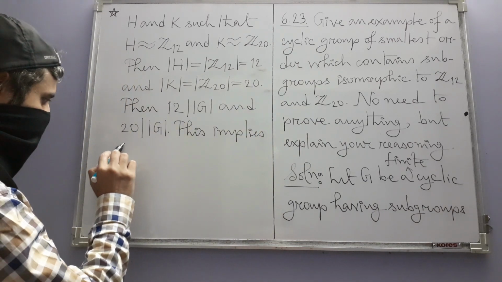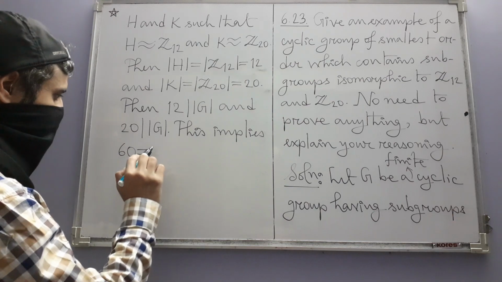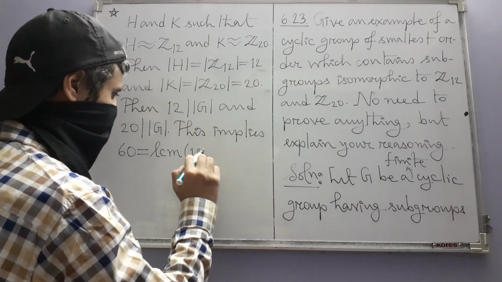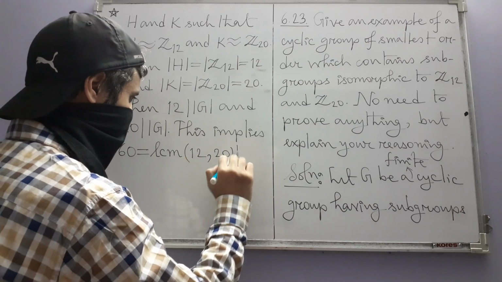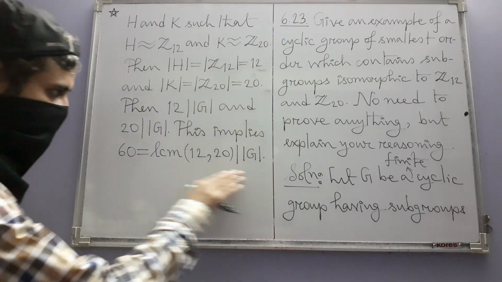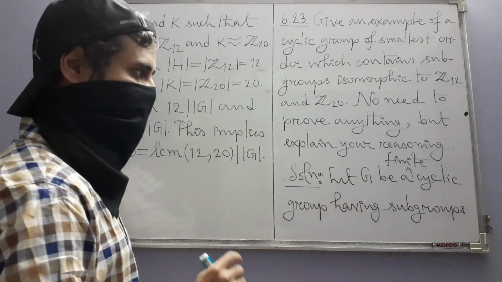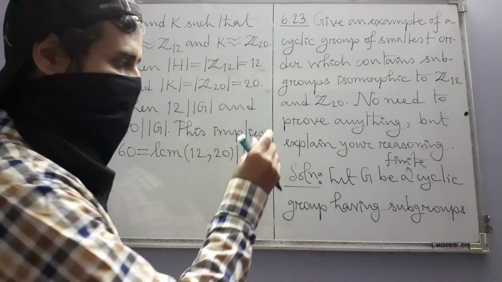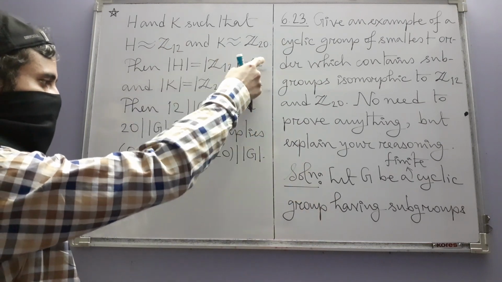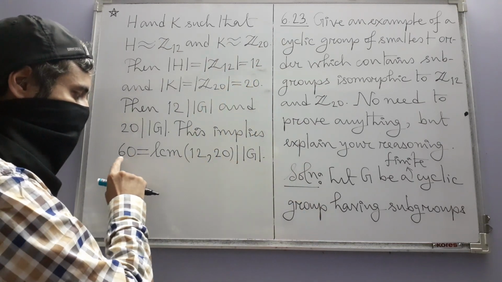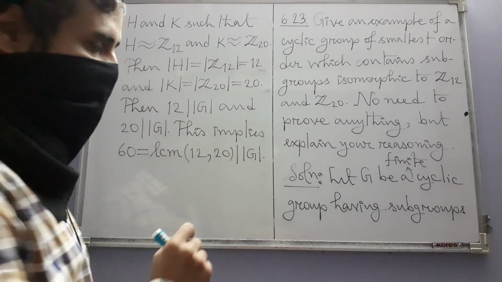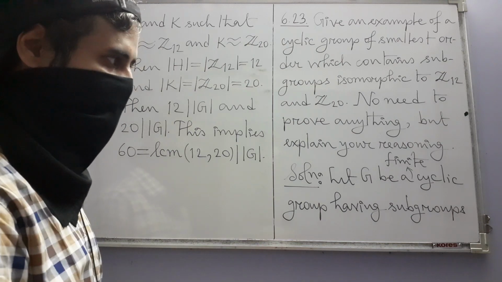And their LCM, it turns out, is 60, which you can calculate, of course. So this is a necessary condition for such a G to exist. If there is one such G which is a finite cyclic group which has subgroups isomorphic to these two groups, then its order must be divisible by 60, and that's why it has to be at least 60.